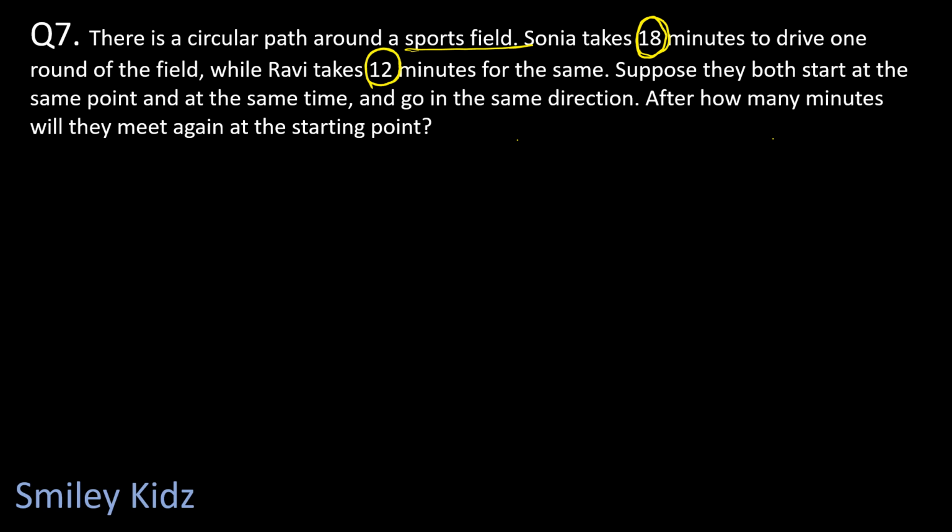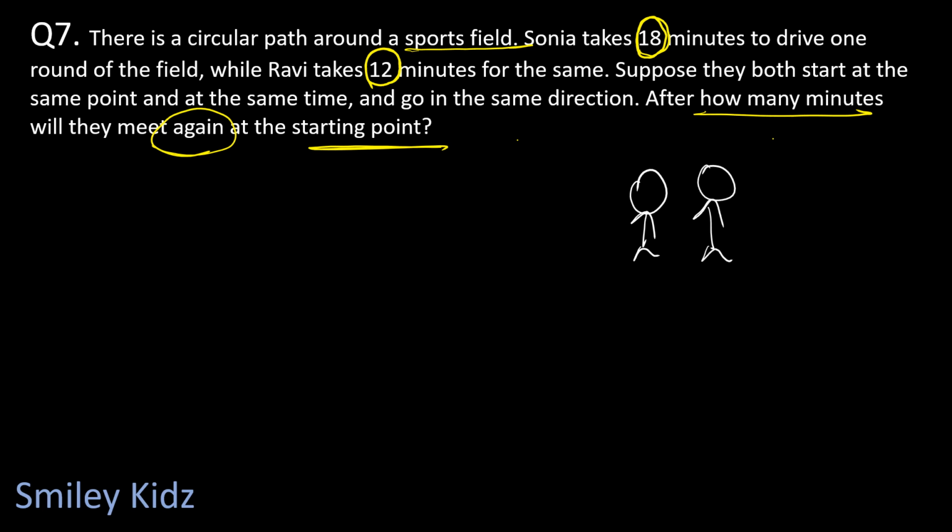Suppose they both start at the same point and at the same time and go in the same direction. After how many minutes will they meet again at the starting point? Here, they're asking that there are two people, Sonia and Ravi. And it's been said that there is a circular path like this.